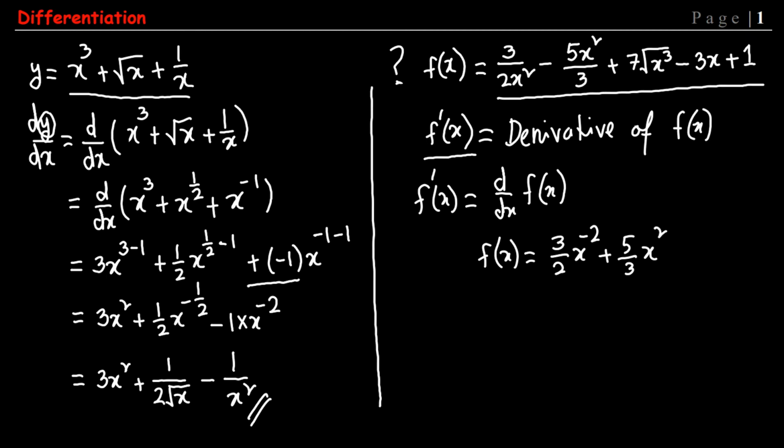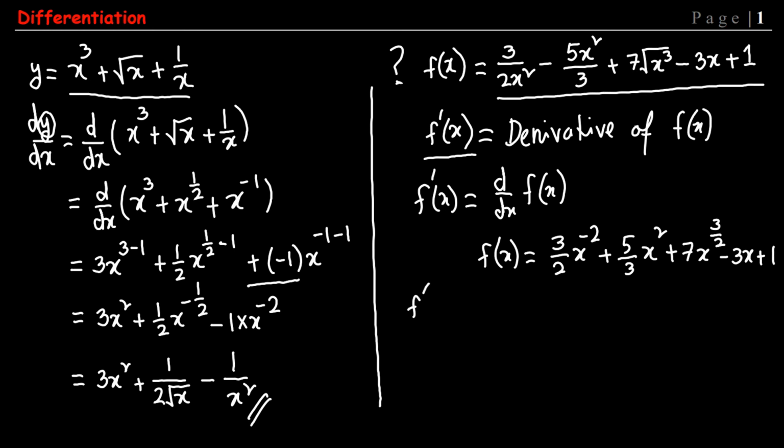Then the next term plus 7 x to the power, definitely this is 3 by 2, because according to the rule of indices, we know that we need to multiply the power 3 into half, it gives us 3 by 2. Then the last two parts are minus 3x plus 1. Now we can differentiate it.